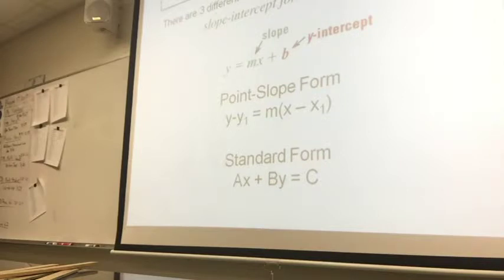And there, A, B, and C are numbers. The x stays an x, the y stays y. If you put numbers in x and y, you're solving it out, or you're finding an output for a certain input. If you're doing an equation, you need variables in there, or else you're not writing an equation, you're just writing a number. Y-intercept and point-slope are the two biggest ones you're going to work with.